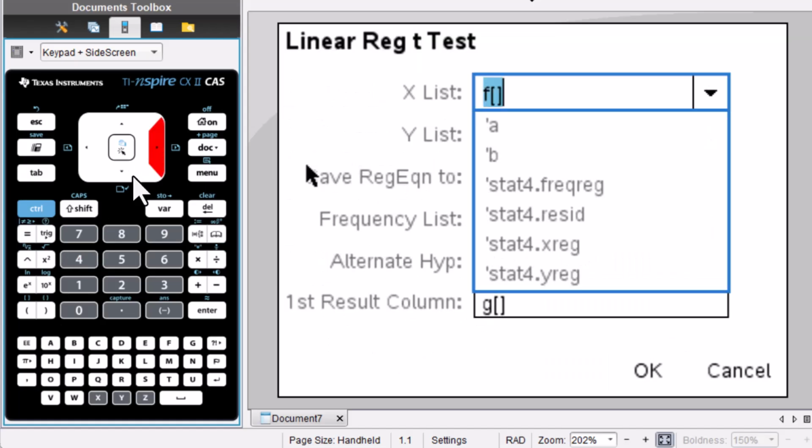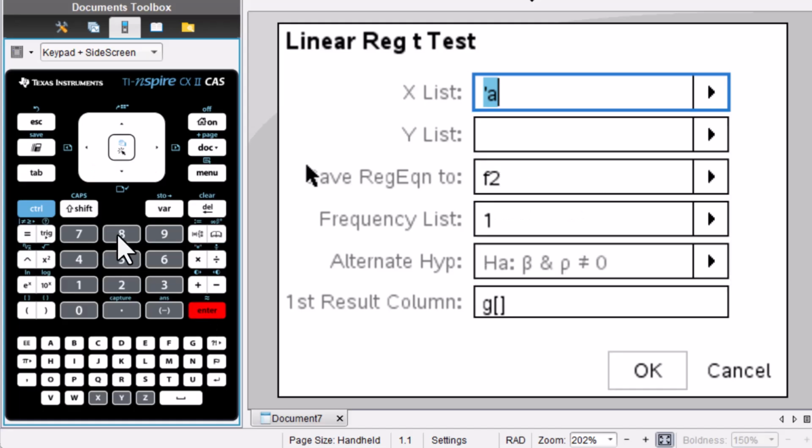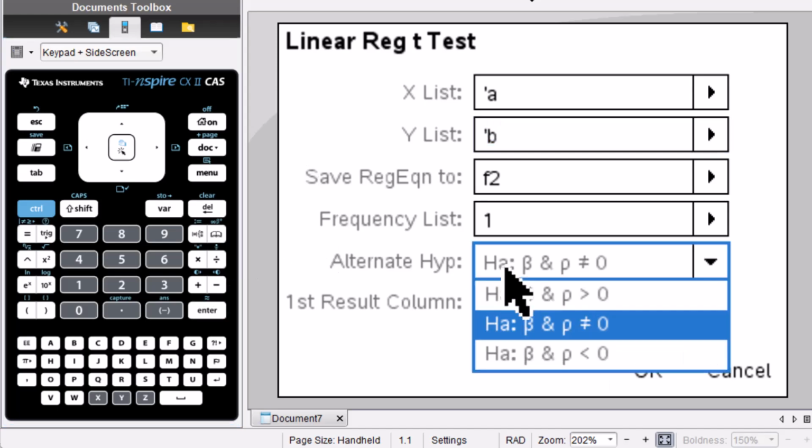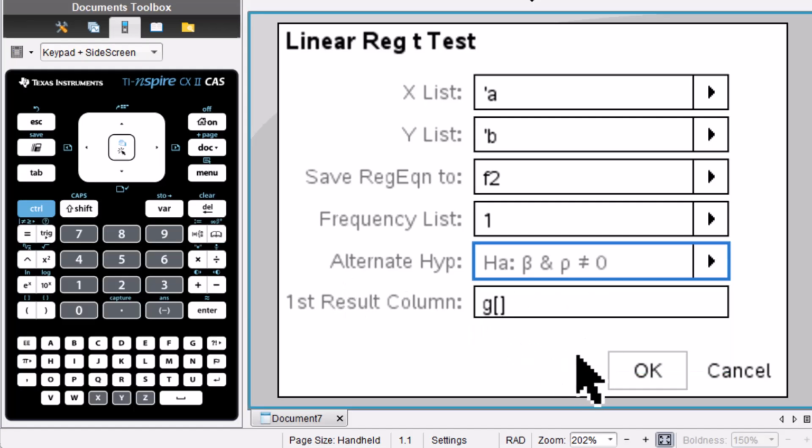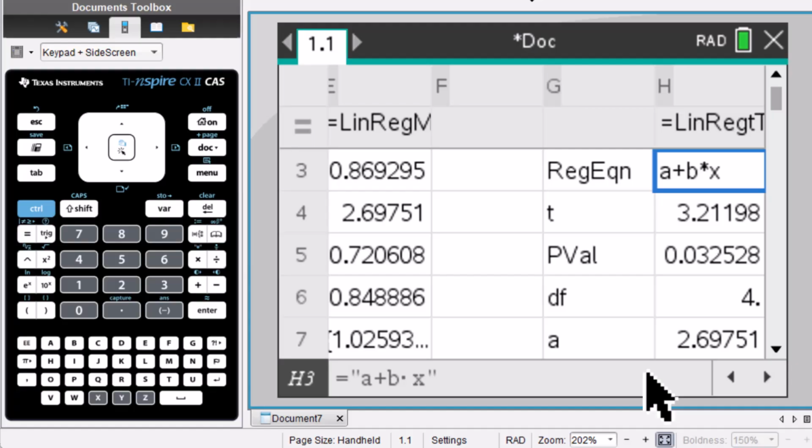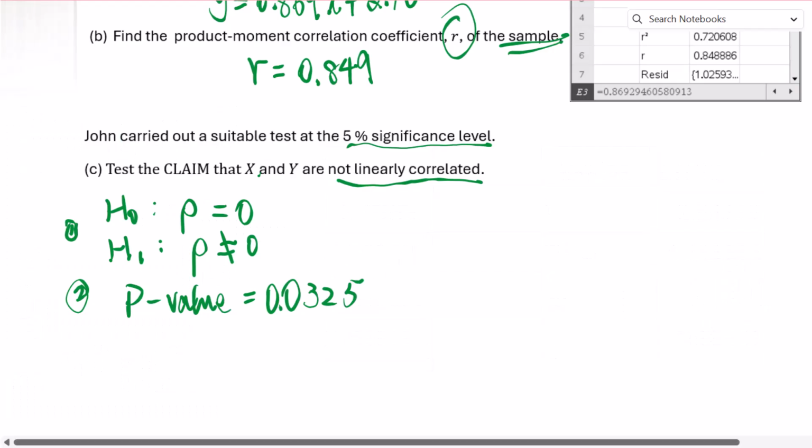X list is A. Y list is B. Then for H1, it's rho is not equal to 0. Then OK, we got p-value 0.0325. Then we can draw the conclusion.